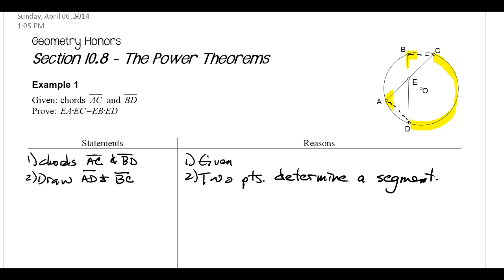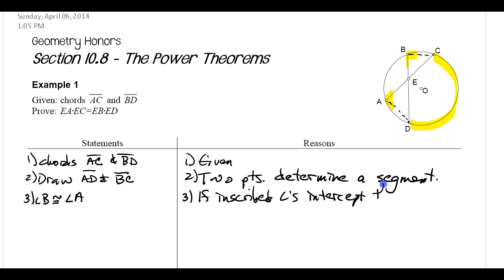So from that, I know that angle B is congruent to angle A if inscribed angles intercept the same arc, then they are congruent.